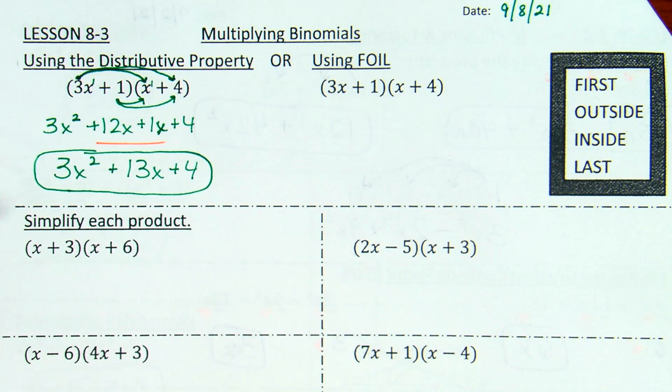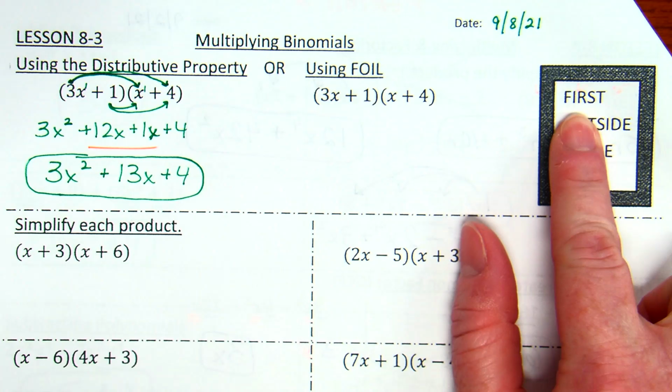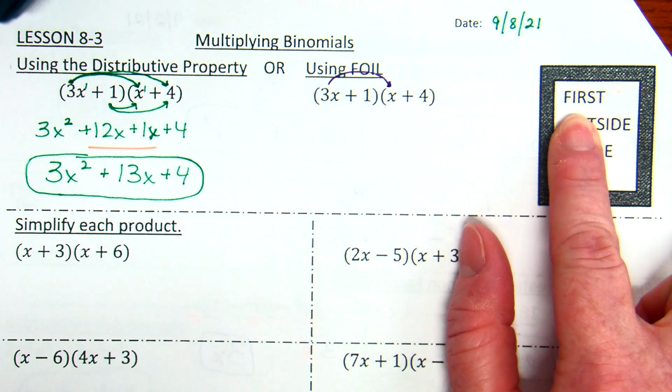Now, I can teach that way, or I can teach FOIL. Here's the deal. FOIL is pretty much the same thing. FOIL is just kind of supposed to be a nifty way to remember it. So FOIL says we start by multiplying first. So that means we're multiplying the first term in each parenthesis. Well, what's the first term in each parenthesis? 3x times x.